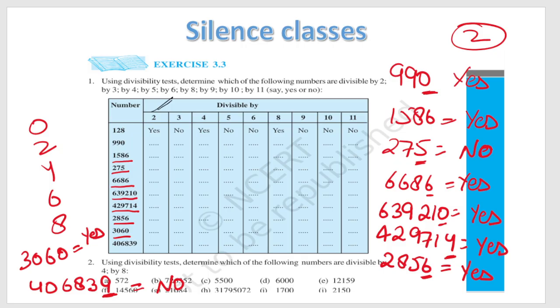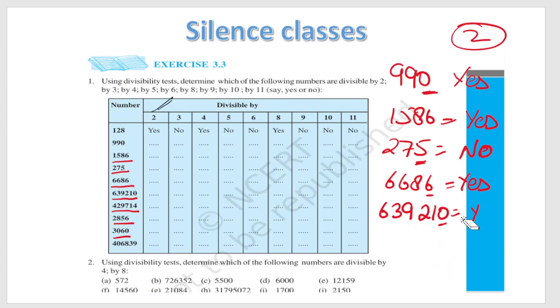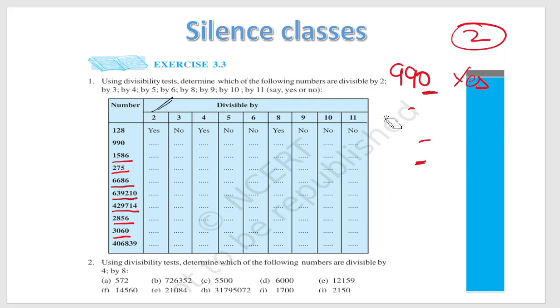Okay, now check the divisibility rule of 3, whether these numbers are divisible by 3 or not. You guys remember the divisibility rule of 3? I hope you remember, and I'm telling you what is the divisibility rule of 3.